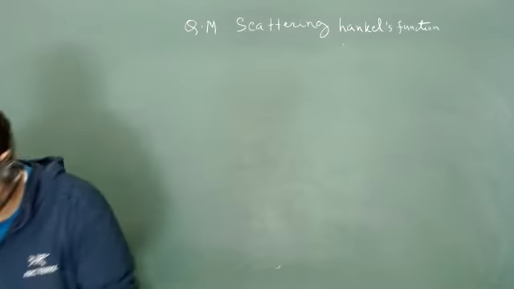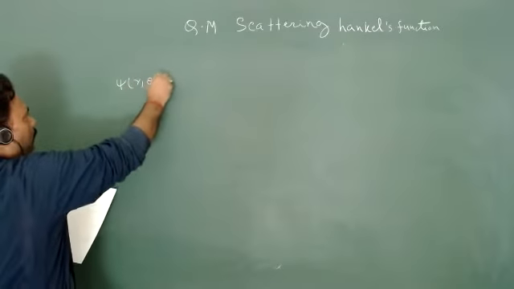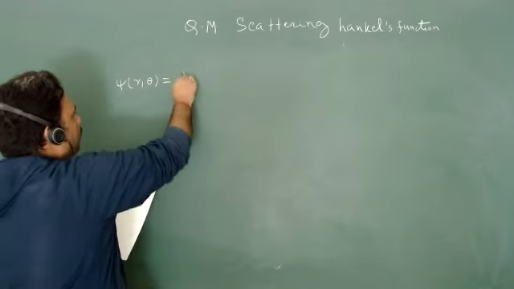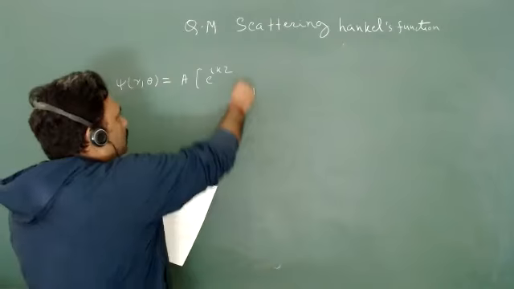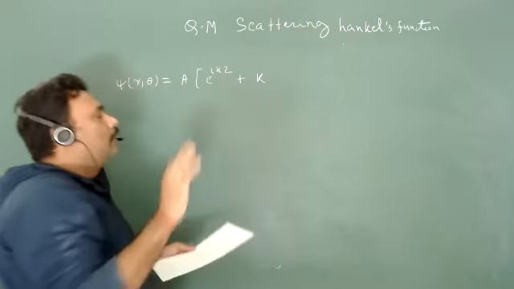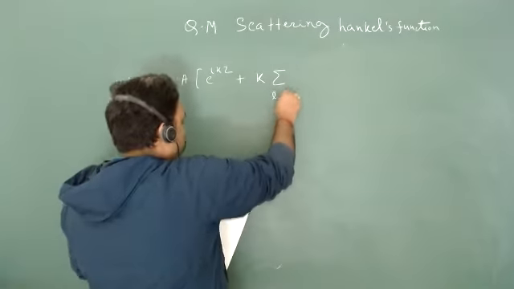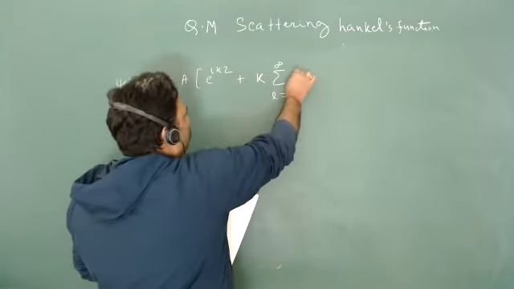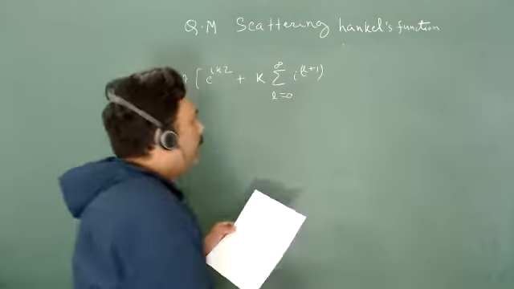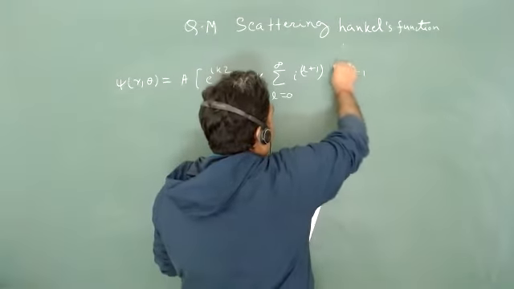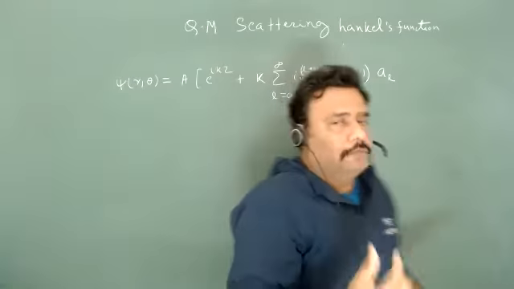So the solution is basically, we can write my solution psi as a function of r and theta, with this value a, and you have e to the power ikz, where k is the same, root of 2mE upon h cut square, this is the wave vector, plus the summation over L equal to 0 to all possible, i to the power L plus 1, and this is due to the degeneracy 2L plus 1, and we have, let's say, A_L is some amplitude.